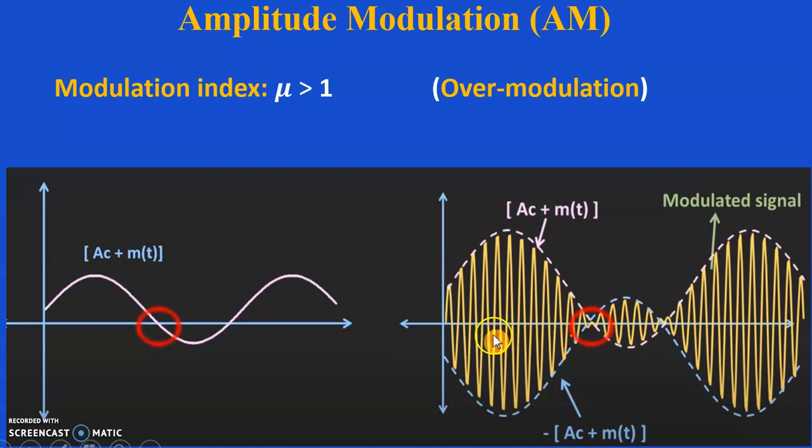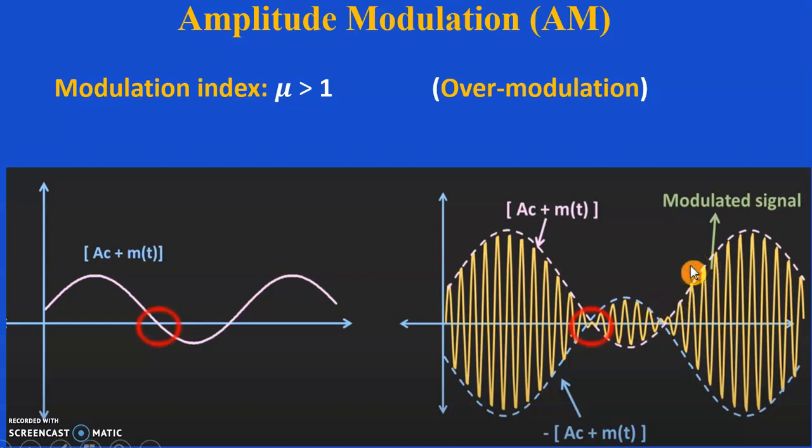And if we try to recover such AM signal using this envelope detector, then there will be a distortion in the recovered signal, because the message signal is represented by this envelope, which is crossing the 0 level, coming here and getting up here.